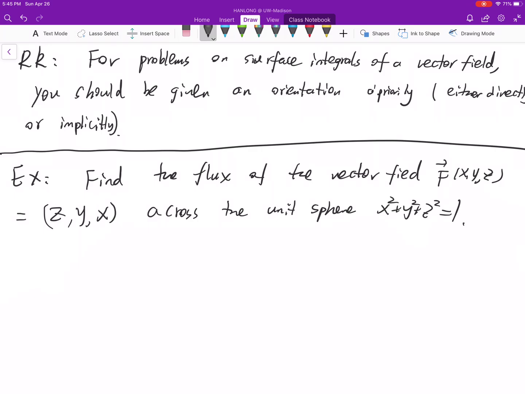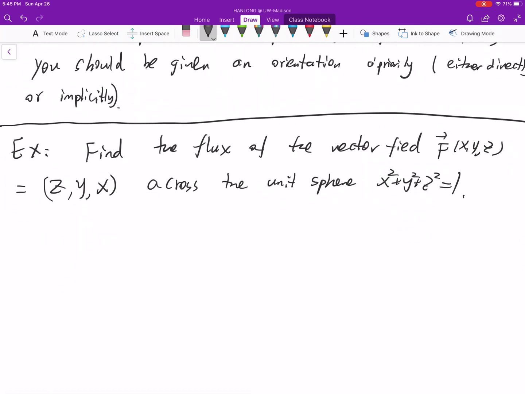So for example, in this problem, they didn't give you the orientation, so I would choose one. By convention, I would just choose the positive orientation.